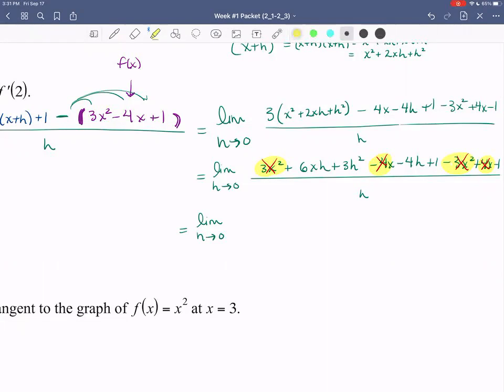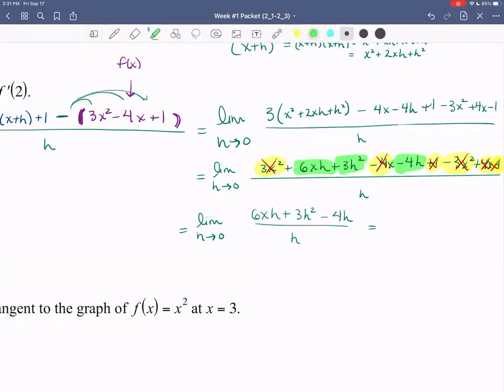And you'll notice that we also have a plus 1 and a minus 1. So those two terms cancel. So let's collect what we have so far. What we have left is 6xh plus 3h squared minus 4h all over h.